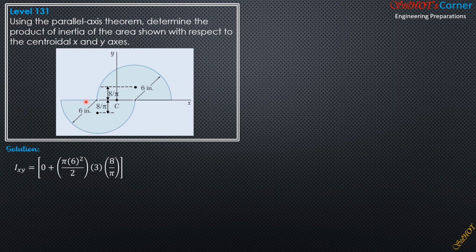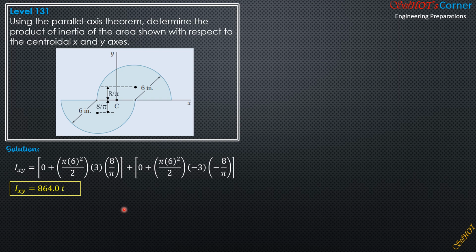Then for this area, with respect to the centroidal axis 0, so plus 0, then pi 6 square over 2, x barred negative 3, y barred negative 8 over pi. So this is positive, this is also positive. So we combine, Ixy equals 864.0 inches to the fourth.